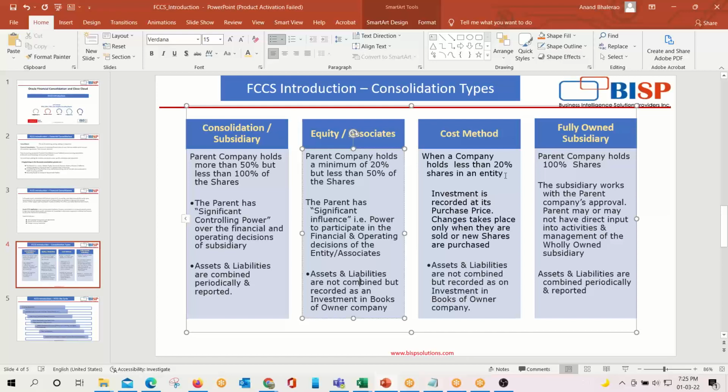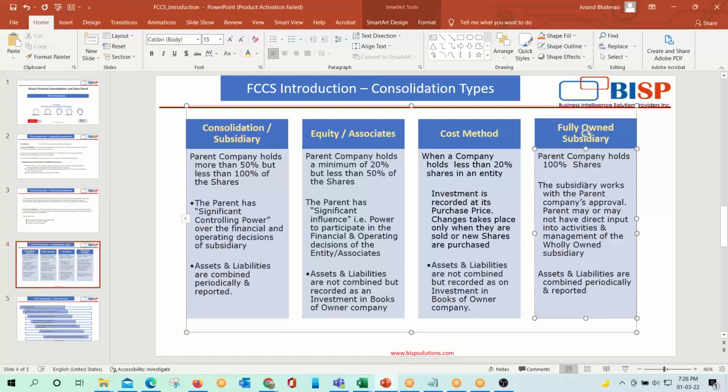Similarly, the assets and liabilities are not combined here, but recorded as an investment in the books of the owner company. The dividend received against this share is shown as income under the P&L in the parent company.